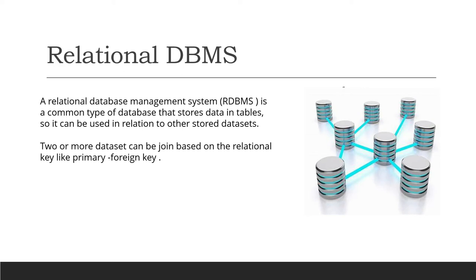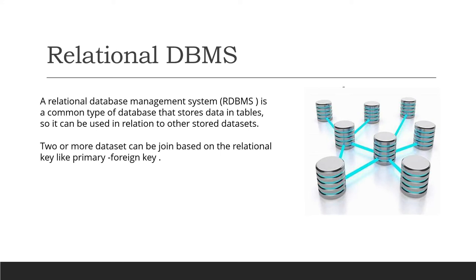Now what it did, as you can see in the picture, is that each data repository is connected with each other. So you don't need to store the same data in different places. You can define some key in one data repository system to connect with another one.